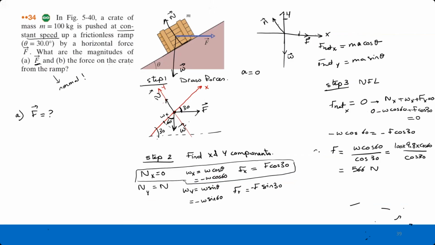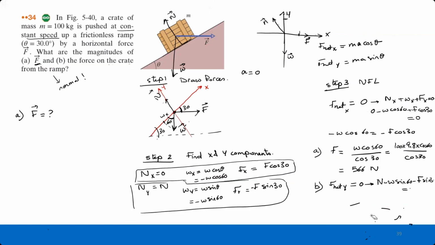I just solved part A. In part B, we want the normal force. I'll study F net y. This will be equal to 0, and this gives me, I'll just add up all of the y components over here. I'll get N minus W sine 60 plus F, actually minus F sine 30 equals 0.